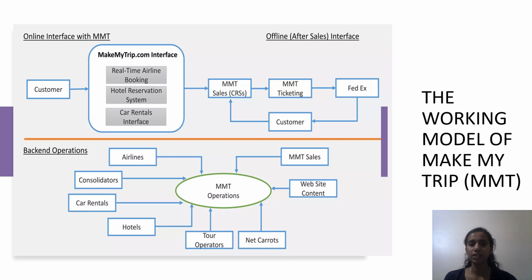Coming to the backend operations, there will be many links such as airlines, consolidators, car rentals, hotels, tour operators, net carriers, MMT sales, and website content. This is the working model of MakeMyTrip.